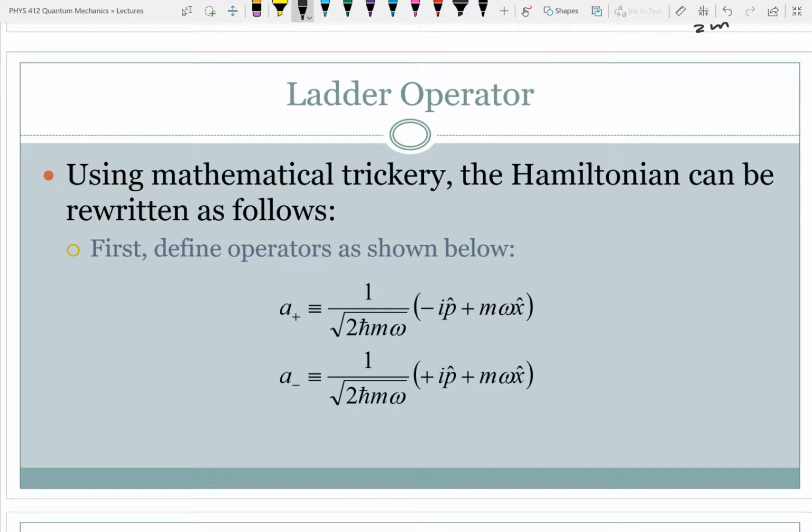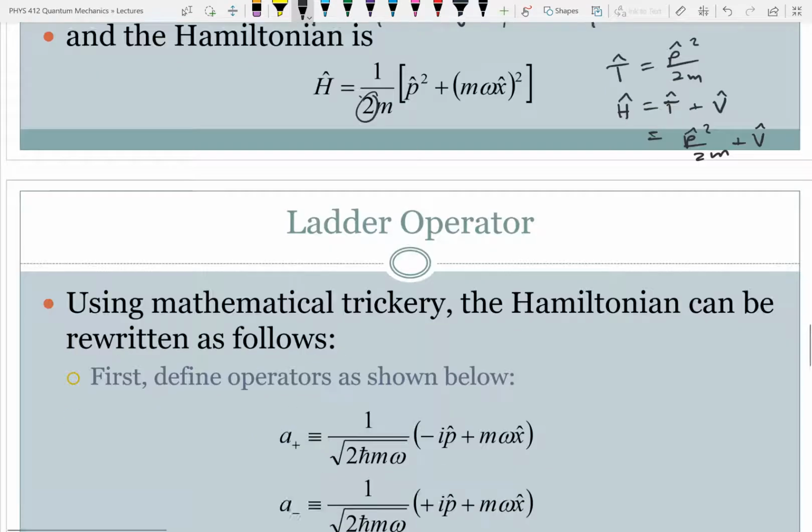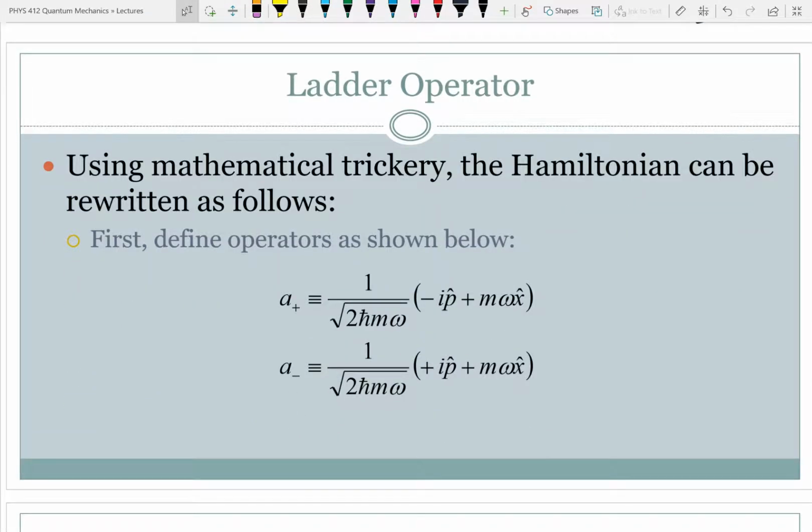Why would I want to take a pretty simple looking Hamiltonian and make these crazy complicated new operators? And of course, when you get to the end, then you see the why. And then I say, what kind of genius came up with this idea? Because I would not have.